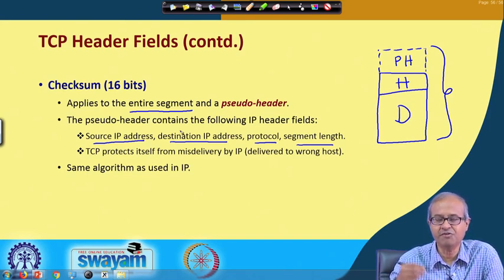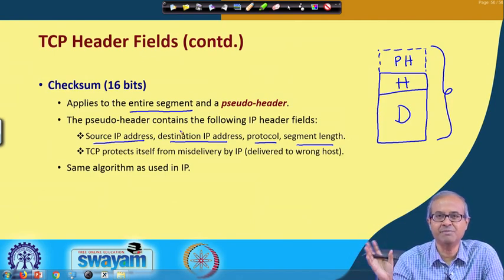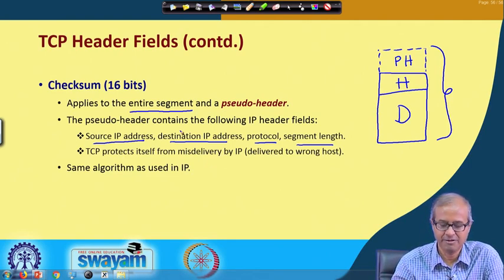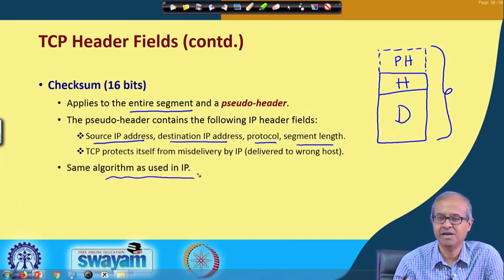Because this information is also important, so that TCP can verify whether the message that has come is actually coming to the right IP address or not. So, just for an additional level of checking, this pseudo header is maintained. And for computing checksum, that same ones complement, just add up and then take the ones complement of the result. Same algorithm as is used for IP checksum is used here also.